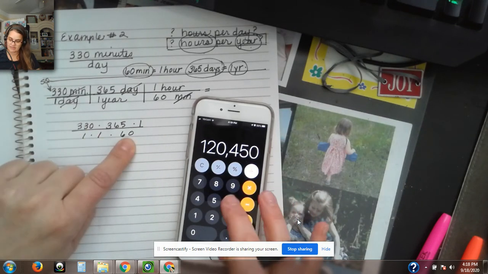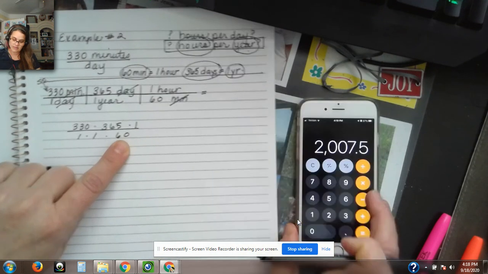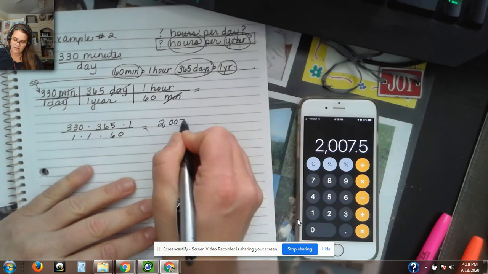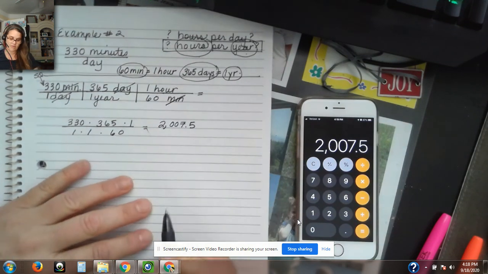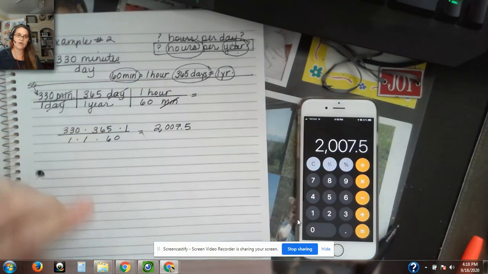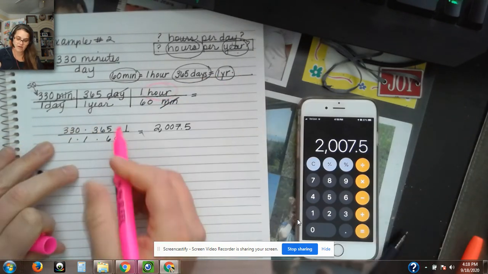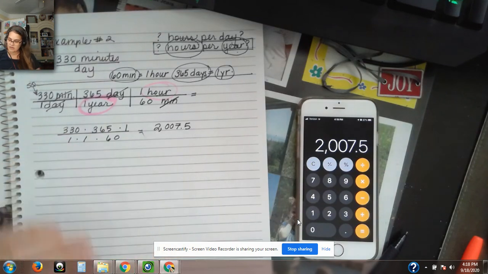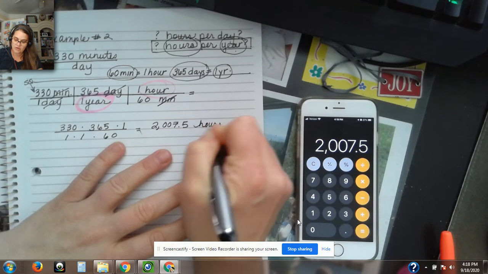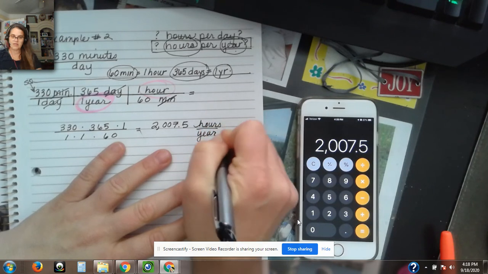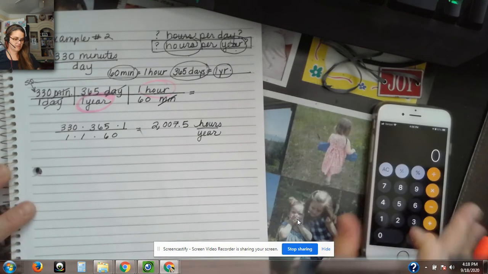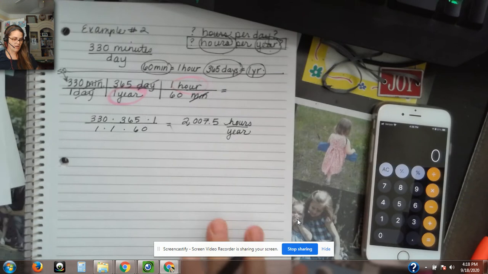I'll divide by 60 here. And I get 2007.5. Now, what are my units? Look at what's left here. We've got hours in the numerator. That's all that's left up there. And years in the denominator. So we now have this many hours per year that a student attends school. All right, so hopefully that's making some sense for us.